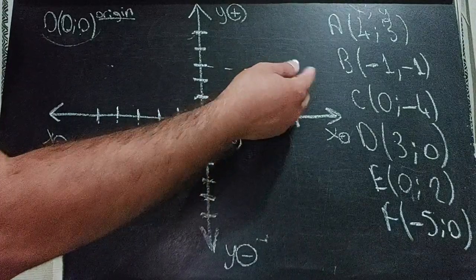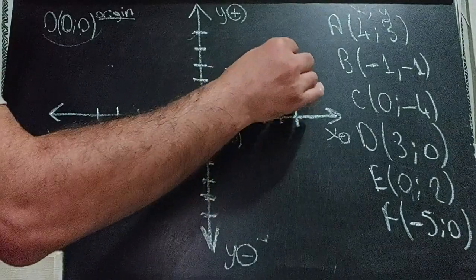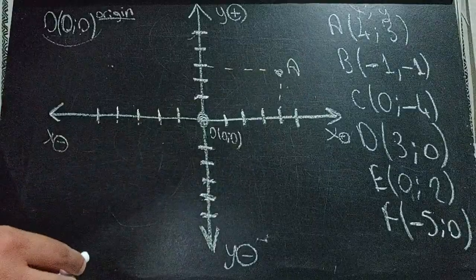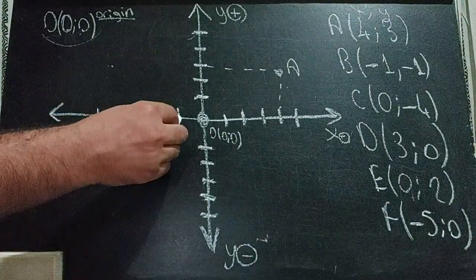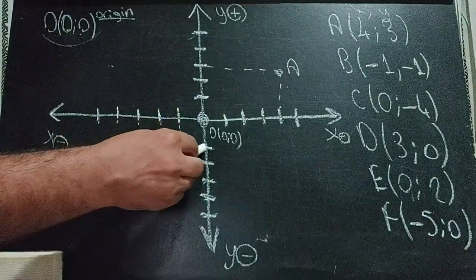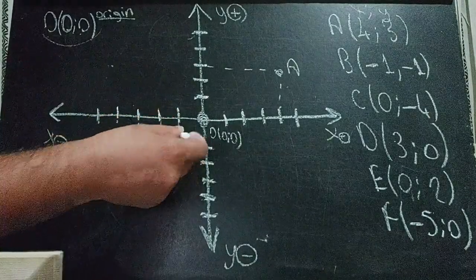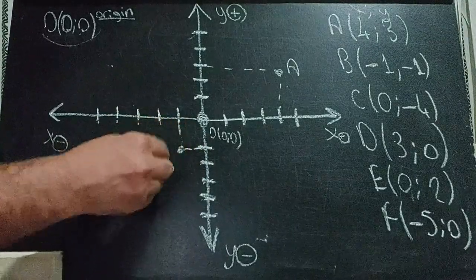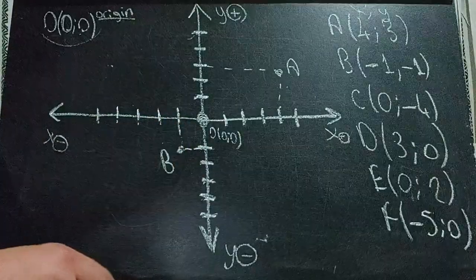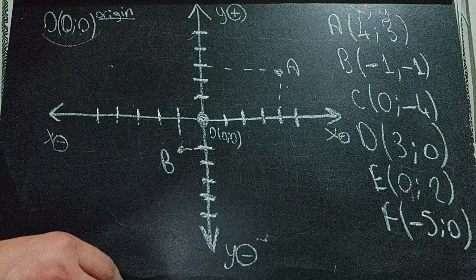This will be point A. B, -1, -1, so -1 there for x, -1 for y there, that will be B. And now 0, -4.